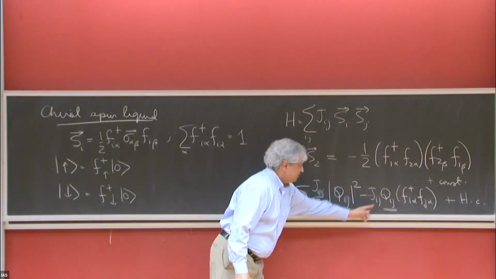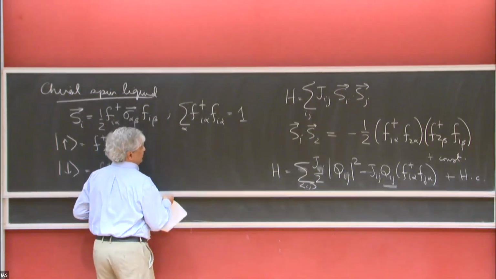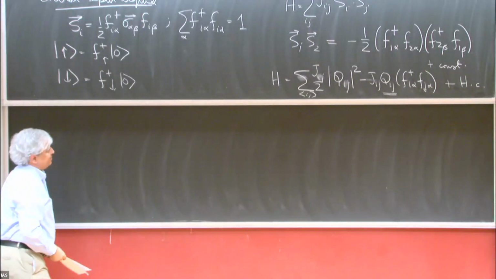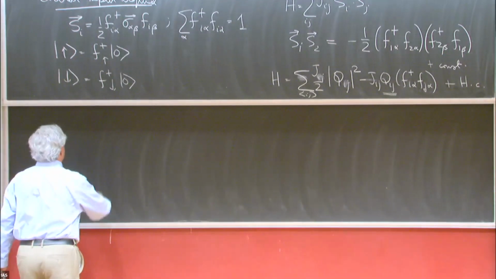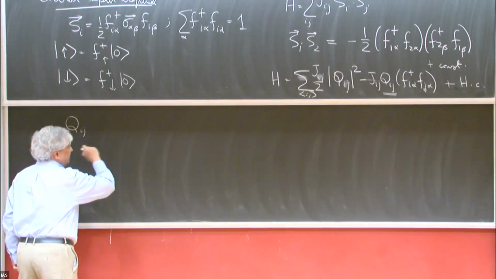Okay, what about the gauge field here? Here the gauge transformations are very simple. And you might wonder why I didn't talk about this first. Well, really because it leads to more complexity later.